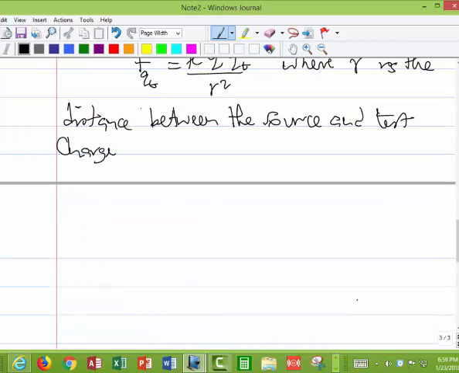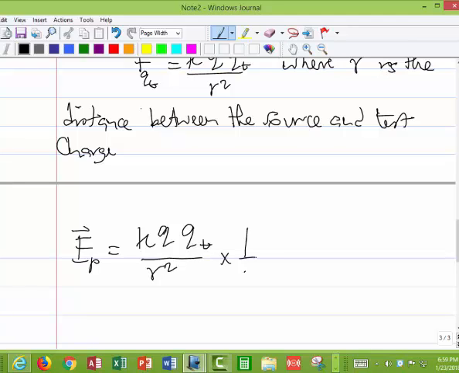So then we can say that the electric field at P is equal to K Q source, Q test, divided by R squared, times 1 over Q test.